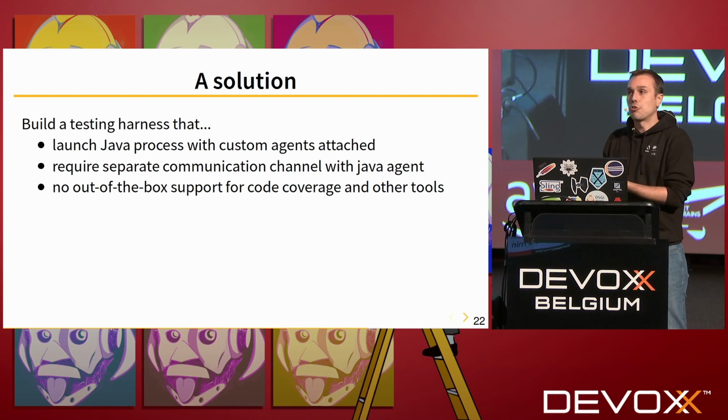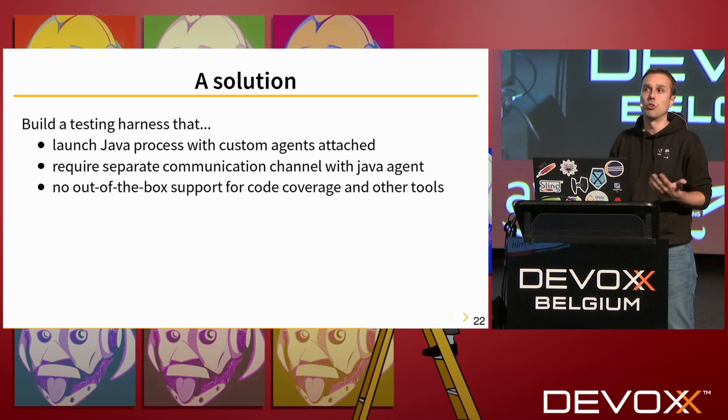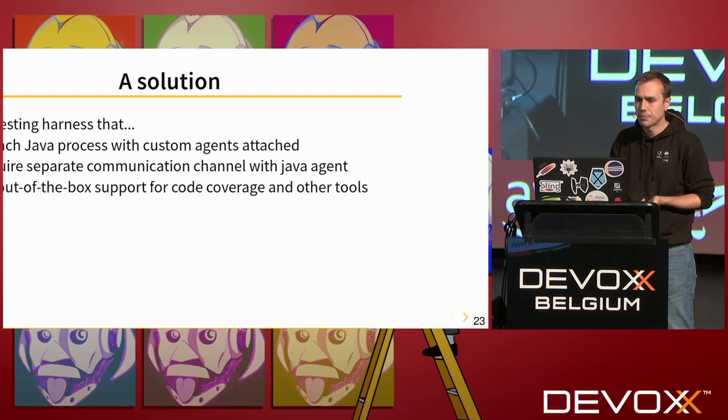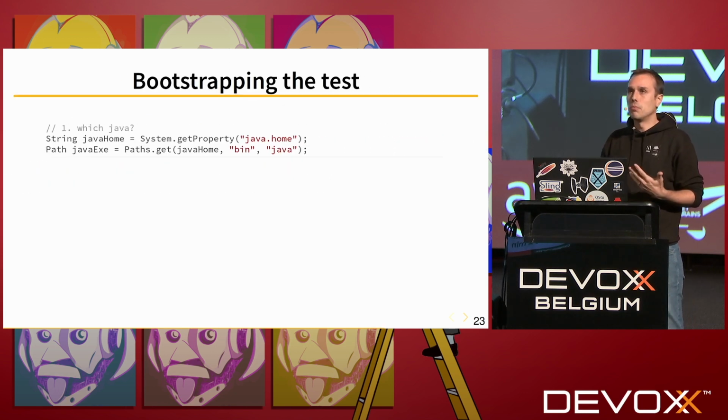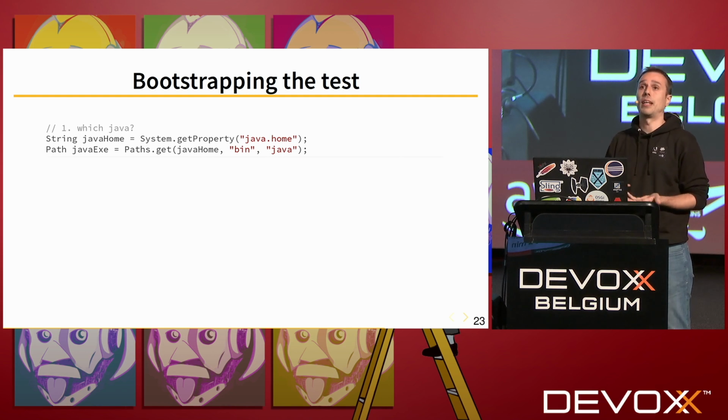Then you need to establish a channel of communication between your test and the Java agent, whether it's the exit code or writing on the console and reading the output or opening up an HTTP server or whatever, right? You need to establish that communication channel. And additionally, you don't have support for all the additional enhancements that your build tool gives you, for instance, gathering code coverage. And a testing harness can look a little bit like this.